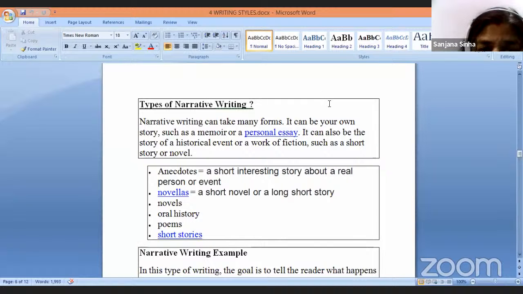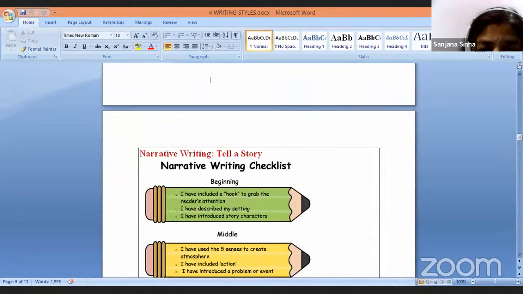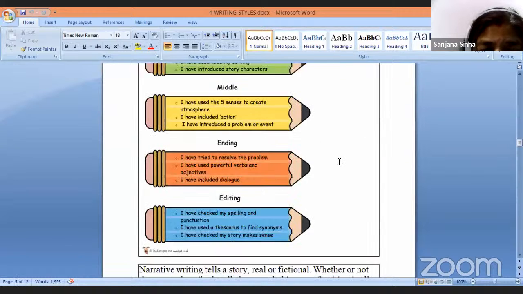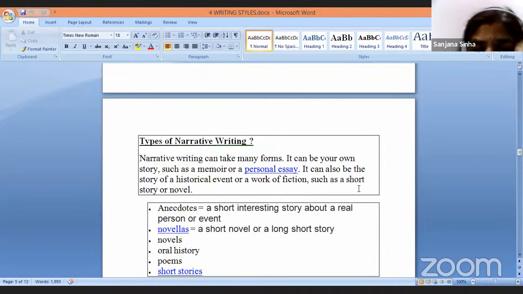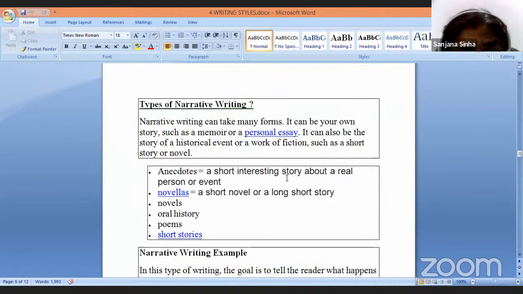Now I've answered the question. What are the elements? The checklist in the writing style, the elements, the definition, and now the types of narrative style. Narrative writing can take many forms.